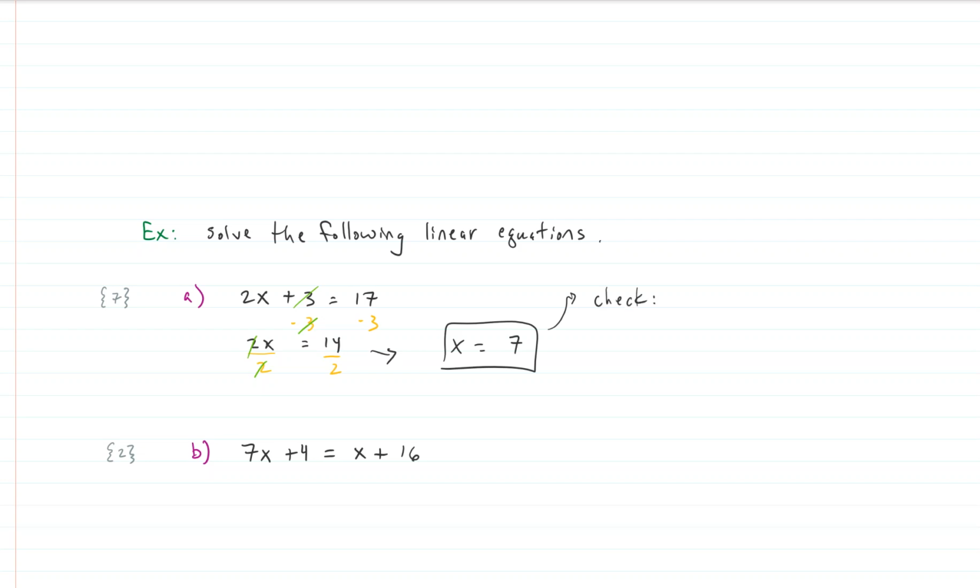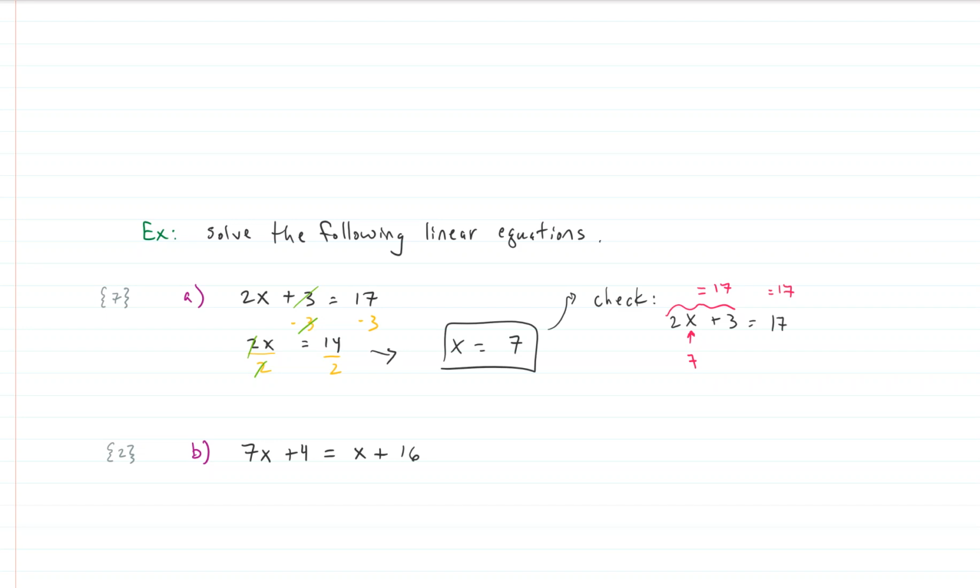So if we check x equals 7, our original problem is 2x plus 3 equals 17. The number that goes in place of the x gets multiplied by 2 and then you add 3, and it has to make the statement true, meaning everything on the left has to equal 17 because the right side of the equation equals 17.